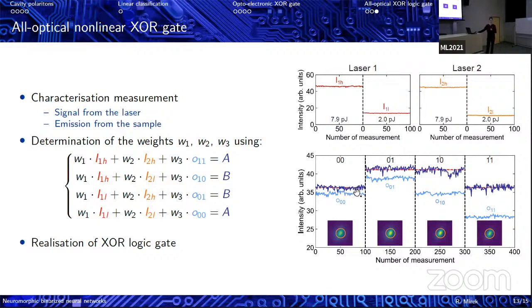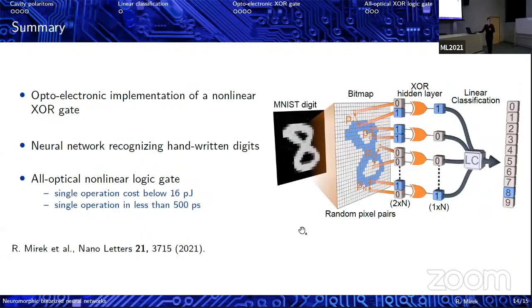Due to the photonic properties of exciton-polaritons, we only need a power of less than 16 picojoules. That's the first thing. And the time that we need to perform this calculation is below 500 picoseconds. But this is really overestimating, because we can clearly see that it's even less.